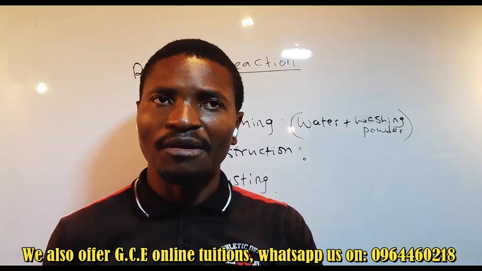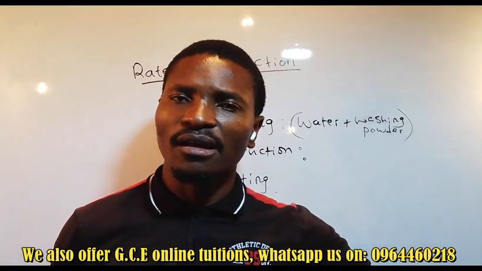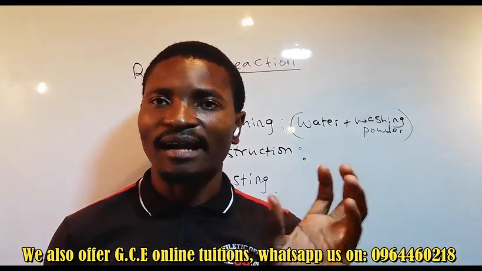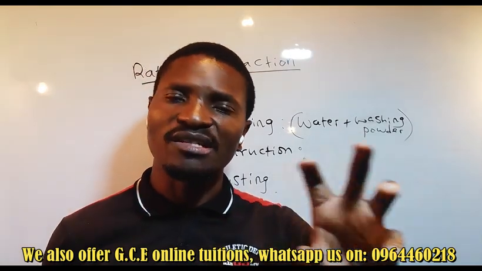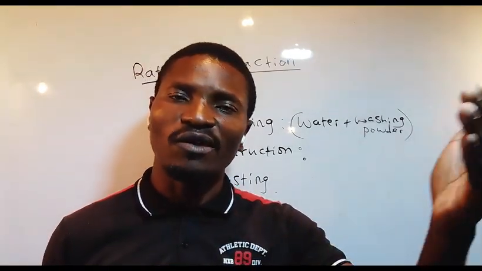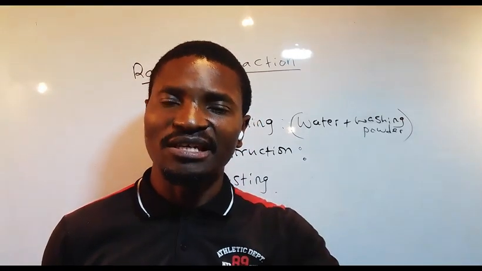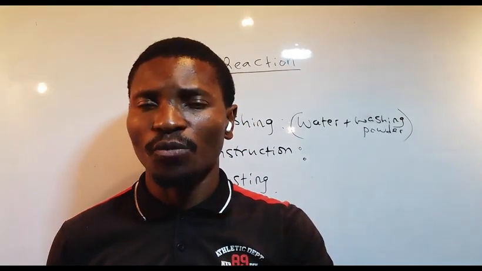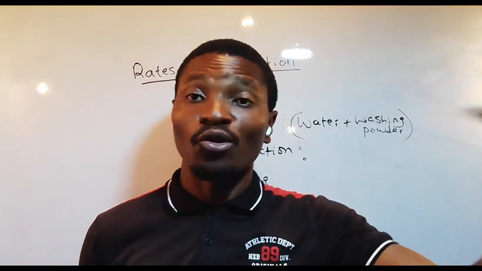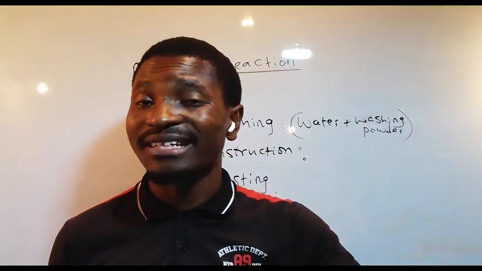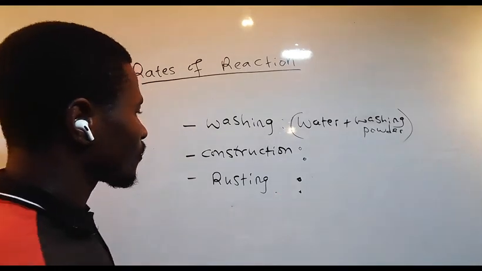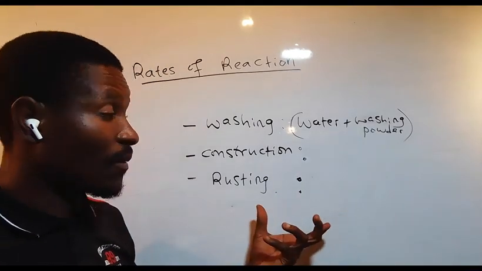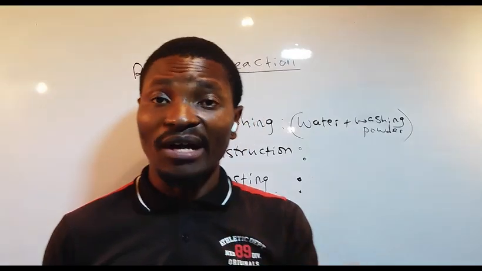So you are looking at how fast or how slow the concrete is hardening. That's a real example when it comes to the rate of a reaction, the speed, how fast or how slow a product is being formed or something is being used up. And the last little example we can talk about is rusting, for example.